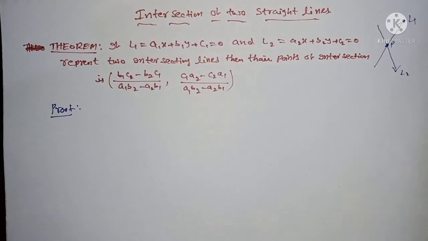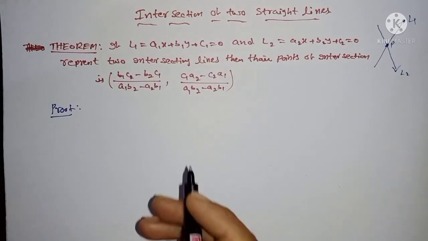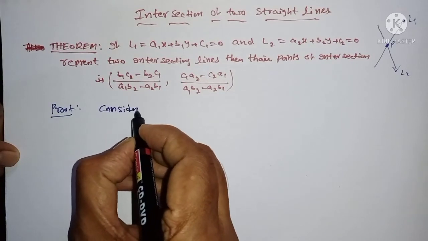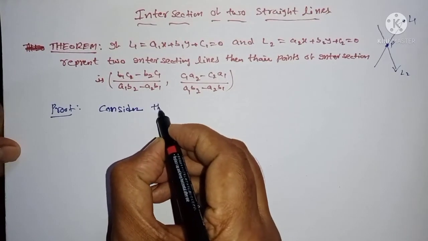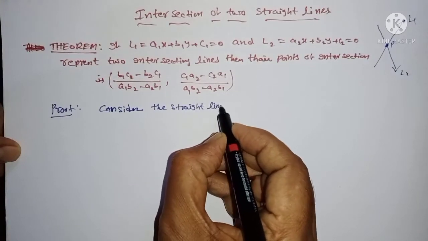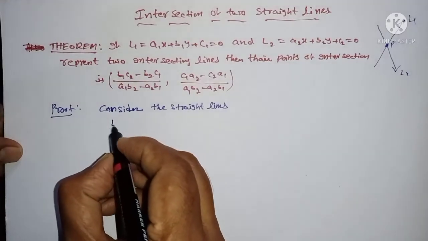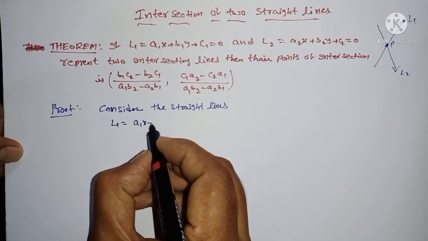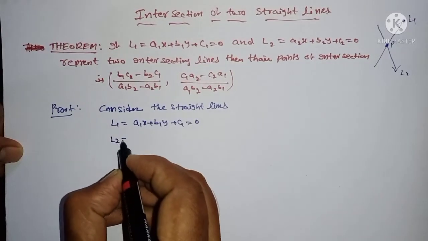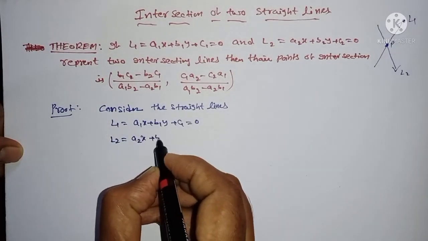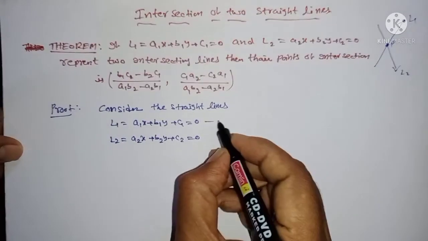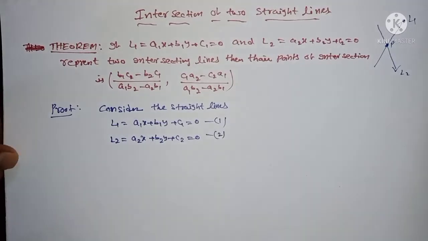Here two lines are given. Consider the straight lines L1: A1x plus B1y plus C1 equals 0, and L2: A2x plus B2y plus C2 equals 0. These are equations 1 and 2, algebraic equations.